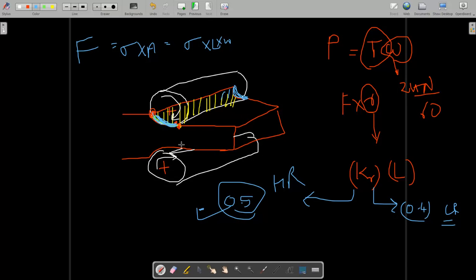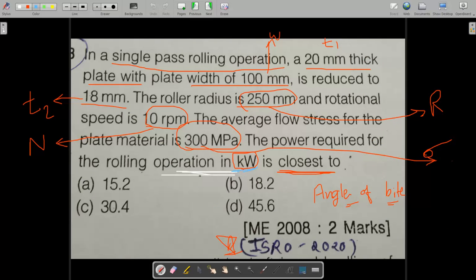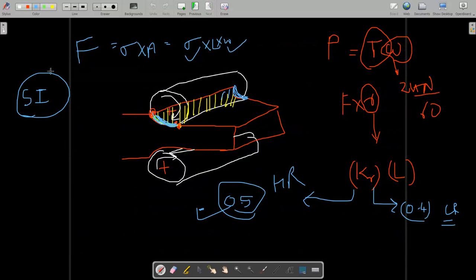So first we will find the length, because the flow stress and width are given, and we will take the width as a constant 100. One thing, always take units in SI, so that there is no confusion at the end. In the question it is written power in kilowatt, so we will take force in kilonewton.